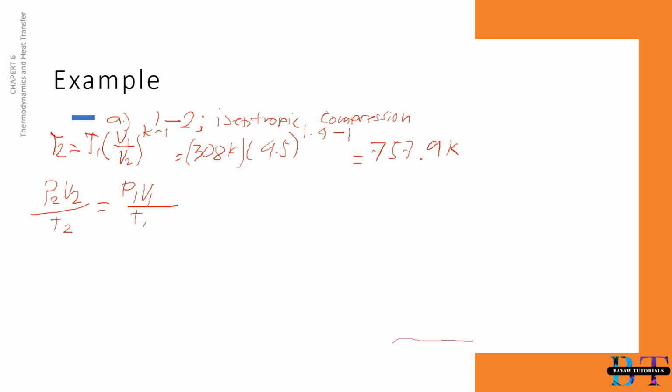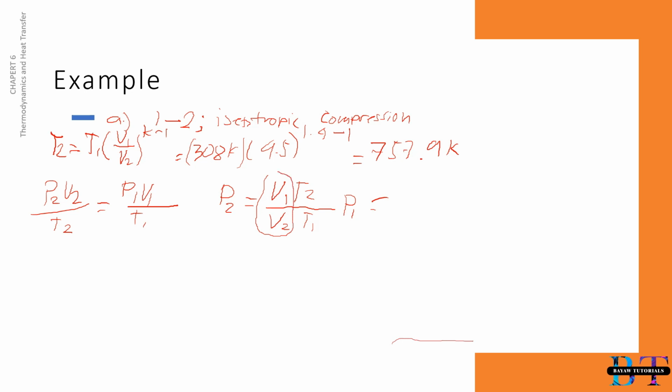Since we are looking for the pressure 2, P2 is equal to V1 times temperature 2 all over volume 2 times the temperature 1.